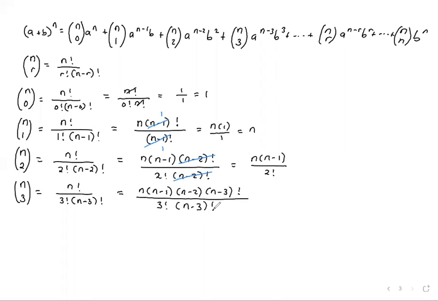Everything that comes after n minus 3 will also be down there. So this means that n minus 3 factorial will take away n minus 3 factorial. So we'll have n multiplied by n minus 1 multiplied by n minus 2 divided by 3 factorial.